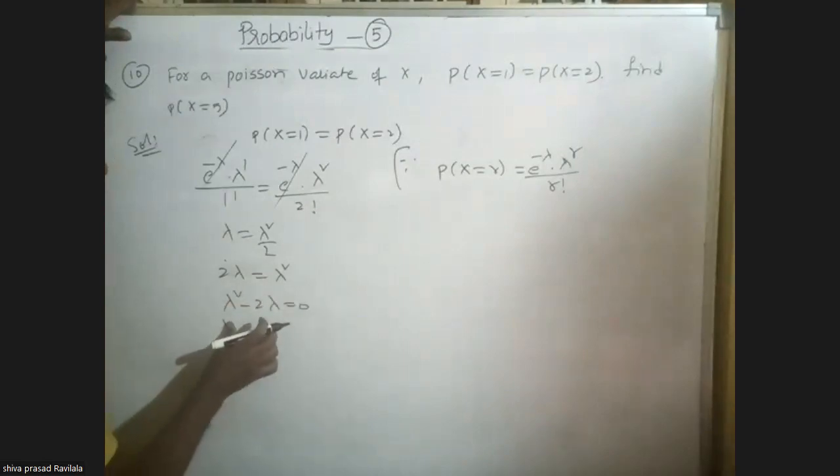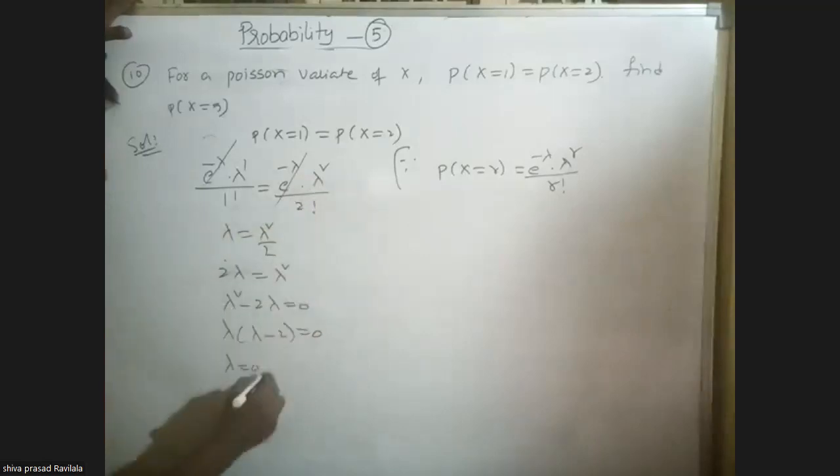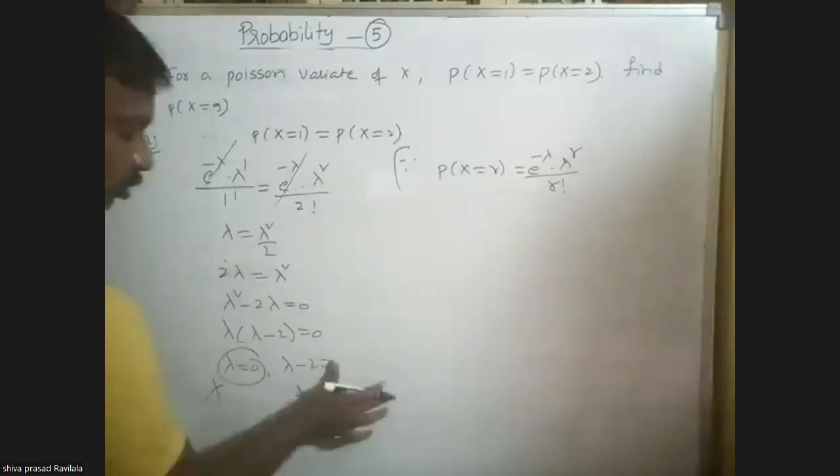Don't write lambda is equal to 0, because in the definition I clearly mentioned that lambda is greater than 0. If lambda is equal to 0, nothing is there. The second one, lambda minus 2 is equal to 0, means lambda is equal to 2.